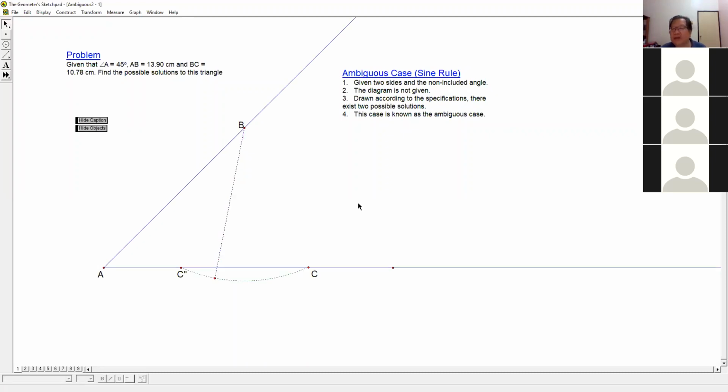So you are clear what is ambiguous case or not? If you are clear, then I will continue. Okay, clear or not? Where is the chat? Somebody, okay, Vikashini say okay, right? So if you are clear, then I move on to the next one. Okay, right.